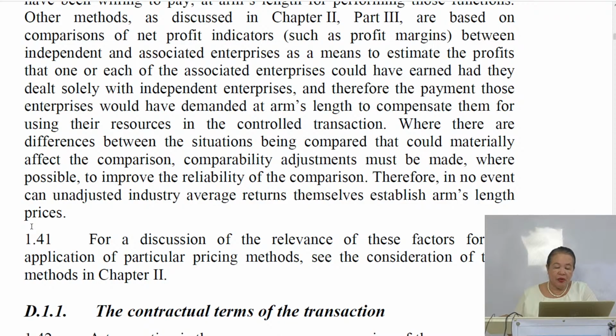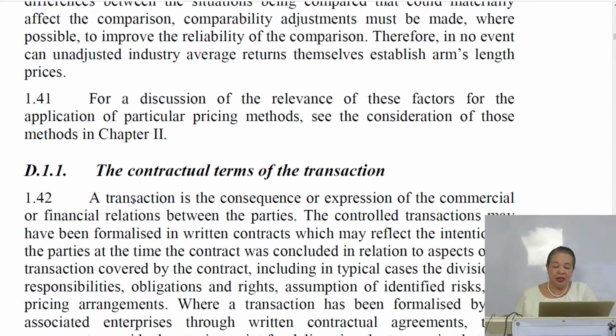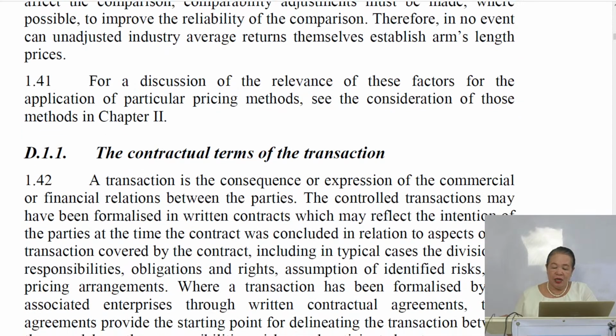So, what will you do? You have to look for other comparables when you are doing a transfer pricing analysis. Therefore, in no event can adjusted industry average returns themselves establish arm's length prices. You cannot arrive at the arm's length price if you lack comparables because you cannot do the comparability analysis.